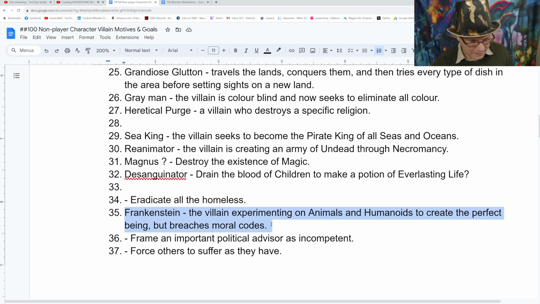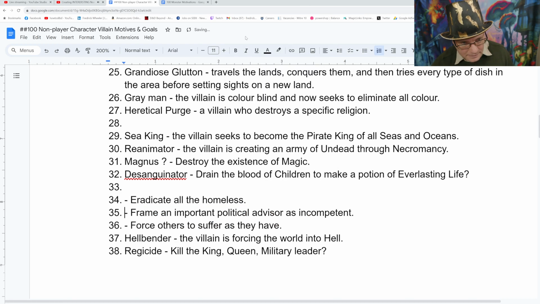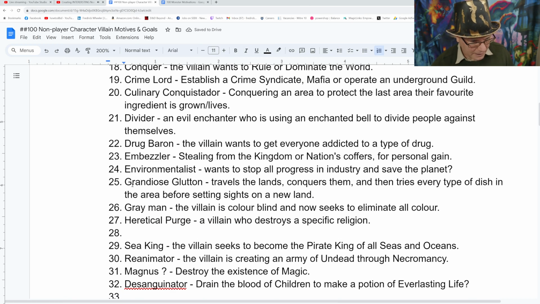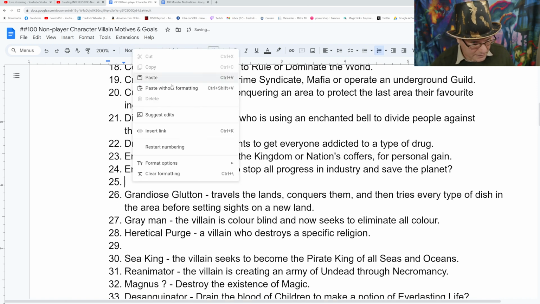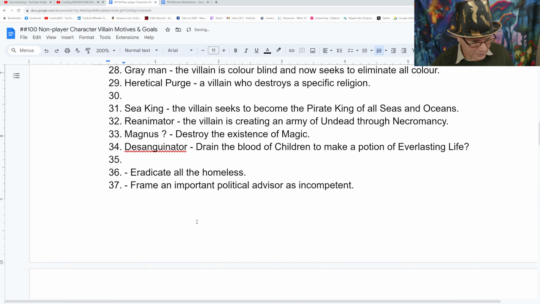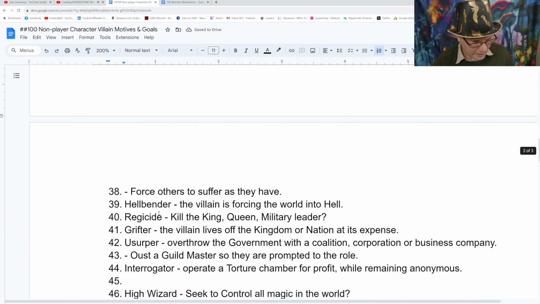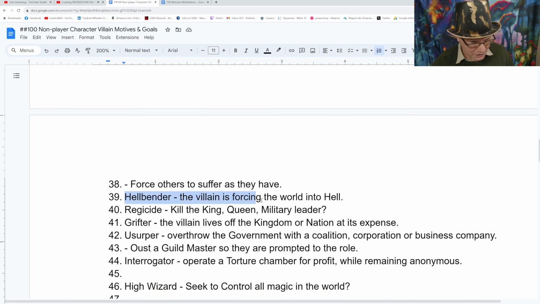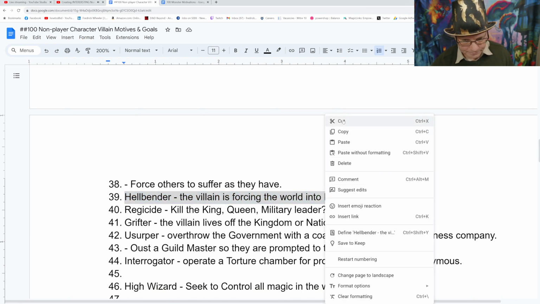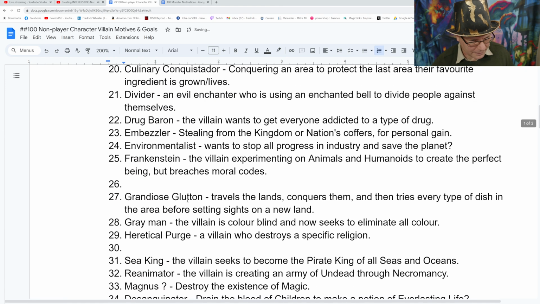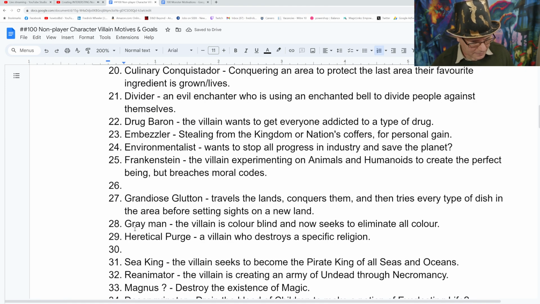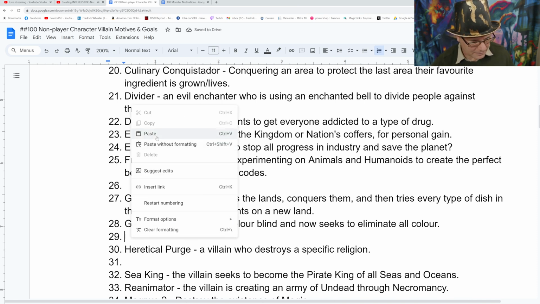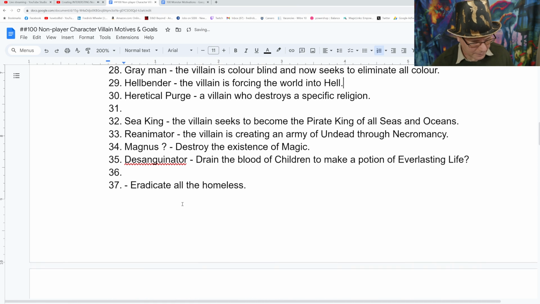Frankenstein. Okay, cut. Starts with F. Frank, where are you going, Frank? You're going here, right in there, like so. Frankenstein. No, we're not worrying about that right now. Hellbender. That's H. That's G. Hellbender. I think it's actually supposed to be here, isn't it? Hellbender. There we go.